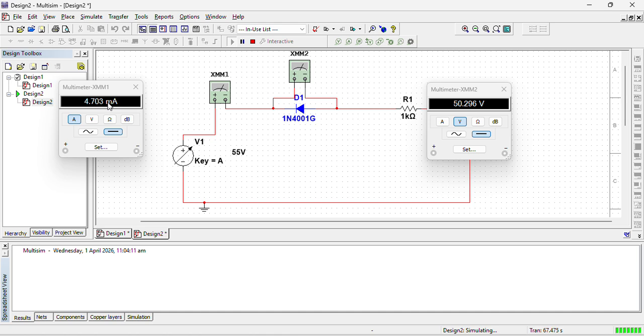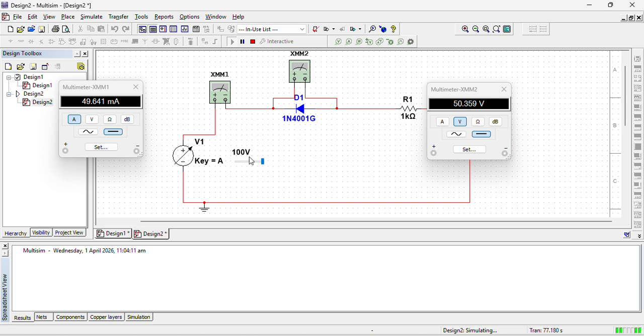From nano to micro, now in milli. And we can see the voltage across the diode has been limited to 50 volt because it is in breakdown condition, and as we further increase the voltage, there will be a further increase in the current while the voltage across the diode remains at 50 volt, which shows that this is in the breakdown condition.